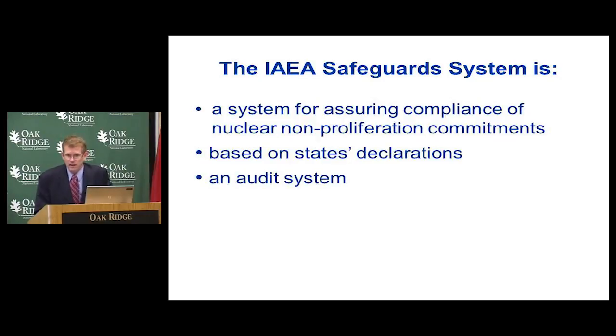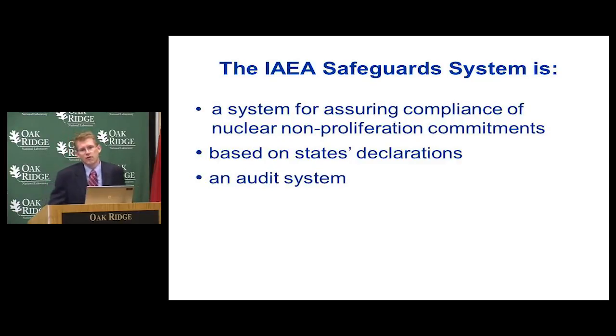The IAEA does not have the authority to force a country to declare. If a country does not declare and the agency Secretariat cannot reach its conclusions, the way the process goes forward is they will report to the Board of Governors that we discussed earlier that they were not able to reach a conclusion.